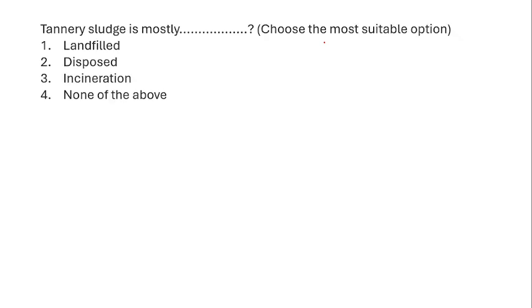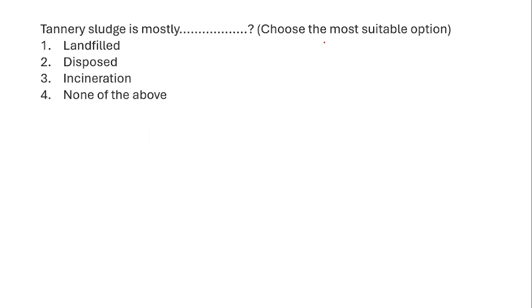Next question: tannery sludge is mostly. After obtaining the leather from treating the skins and hides of animals, we produce a lot of wastewater. When we treat the wastewater from the tannery industry, after the secondary clarification we obtain a lot of sludge. This sludge must be treated before disposal in any form.